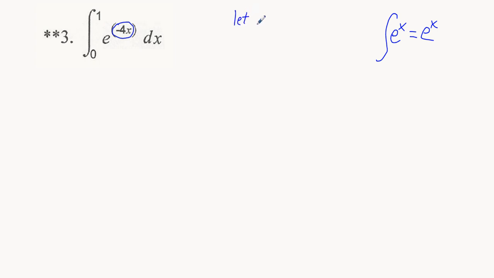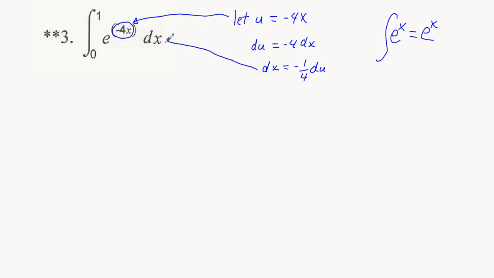We're going to say let u equal negative 4x. So then we have du is equal to negative 4 dx. And solving for dx is going to be equal to negative 1/4 du. And so now we can substitute in for dx.